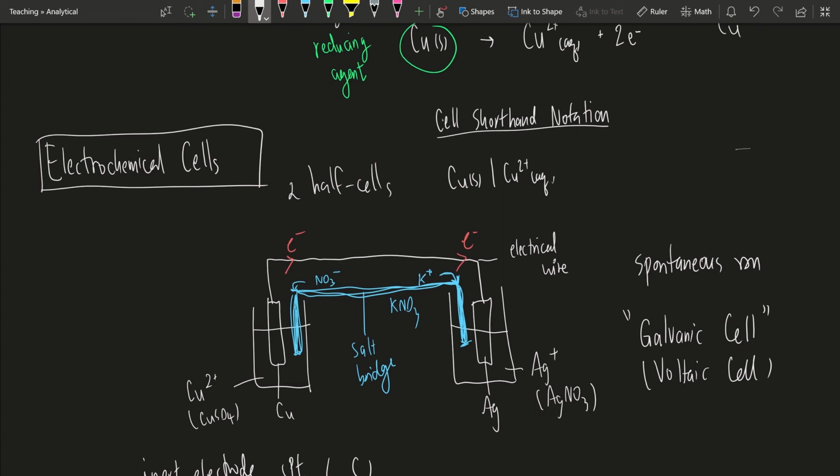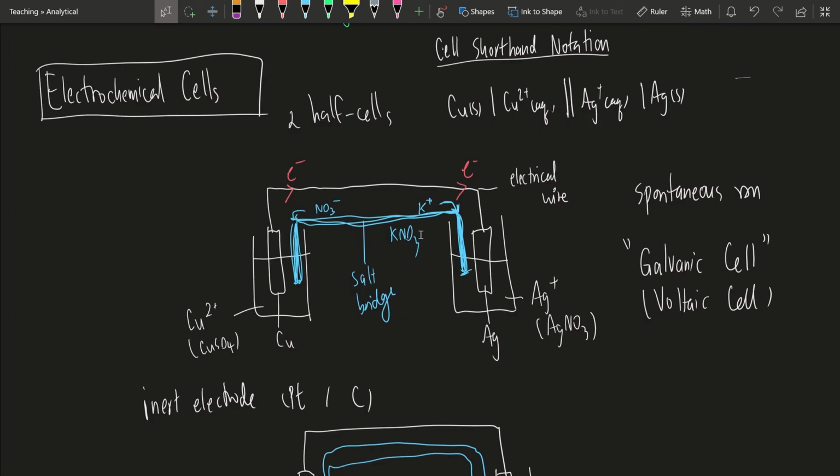So I'm just gonna ignore it here as well. So this is copper. And then if you have a salt bridge or you separate it with a junction, you will put the double vertical lines. And then you write the rest, which is silver, aqueous, and silver. So we already finished talking about electrochemical cells in general and the cell shorthand notation.